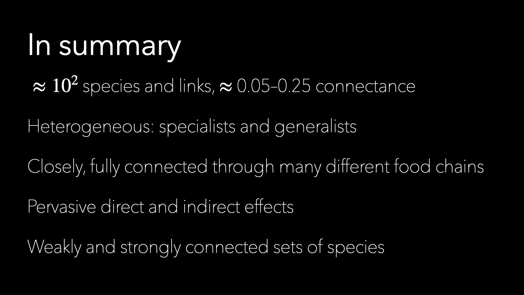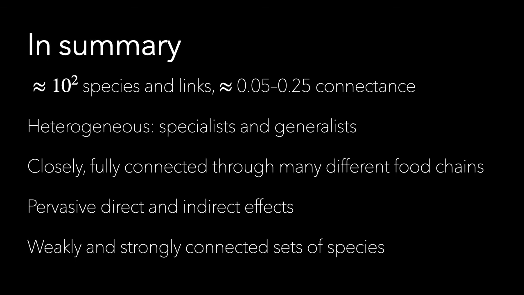They are highly heterogeneous. They are not distributed randomly. This is because there are specialist species, species that feed on a small range of prey, and generalists, those omnivores, those top predators that feed on a broad set of prey.